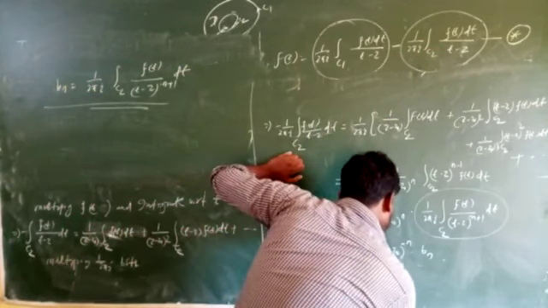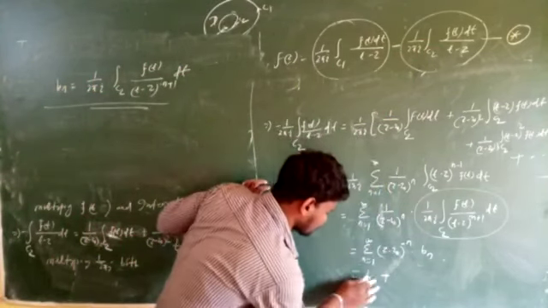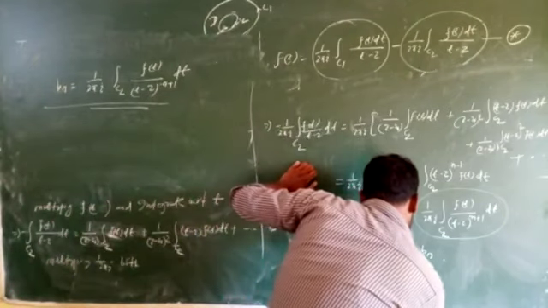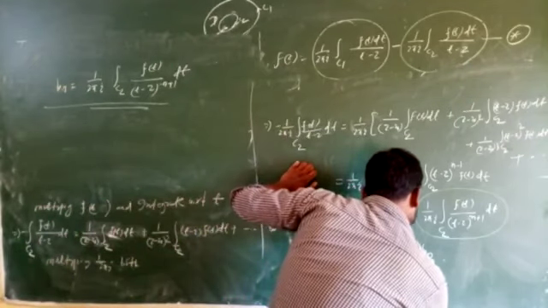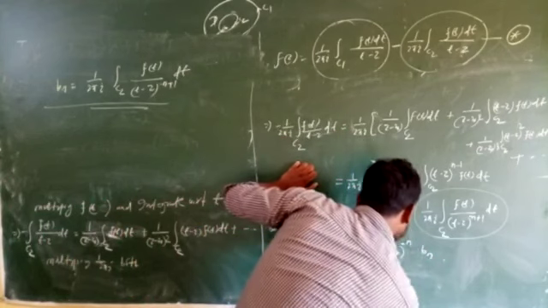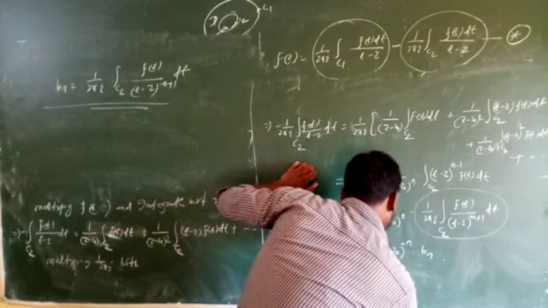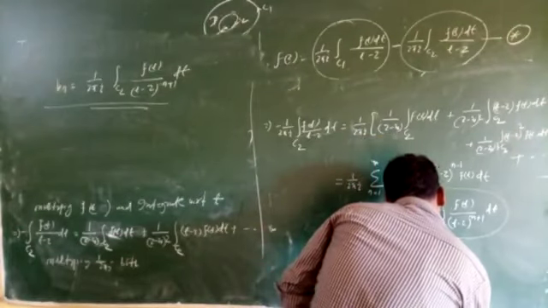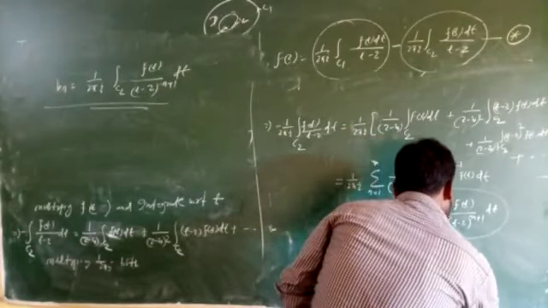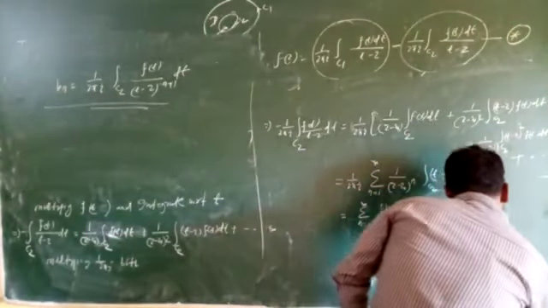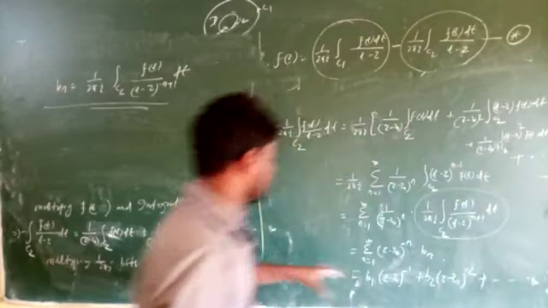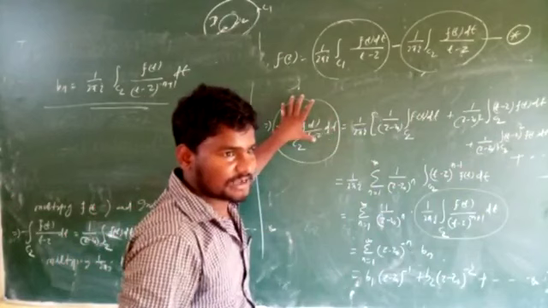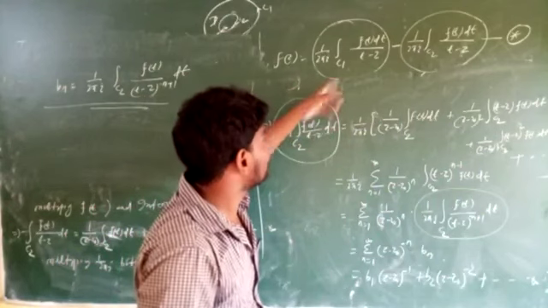B0, B1, and so on: B1 (z − z0)^(−1) + B2 (z − z0)^(−2) + up to infinity. By putting this into the previous expression, we find the result.